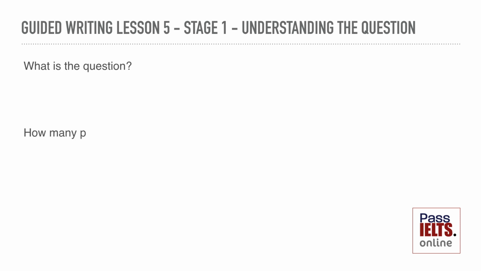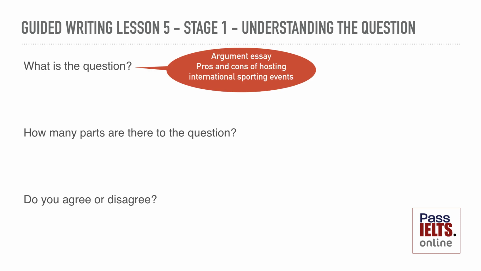So it is a two-part question, which is important to know for your answer. In your answer, you can either take one side or the other, and you can either partly agree or disagree. What's important is that you answer the question.